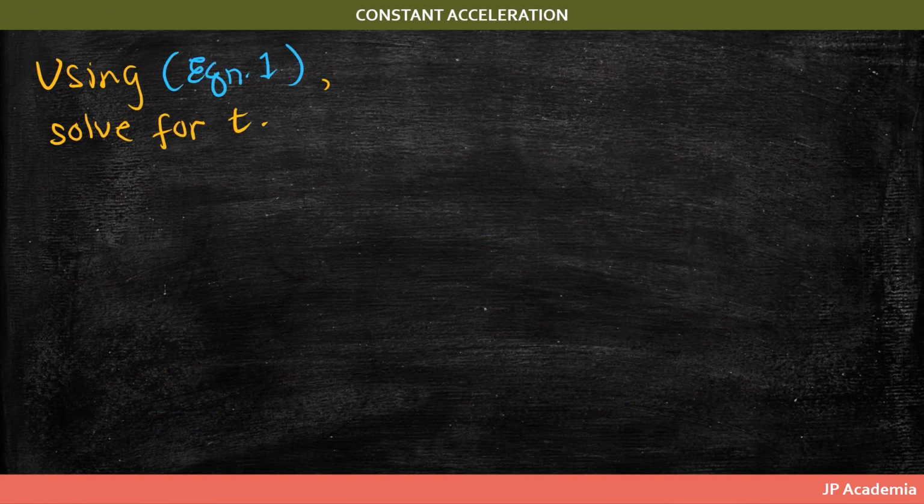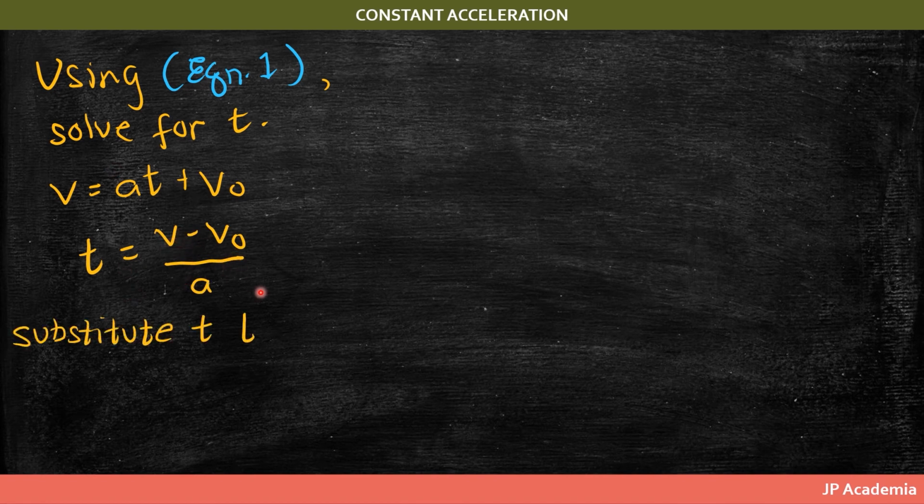We can get a useful expression for velocity related to displacement. Using equation 1 to solve for time t, we have the following. v is equal to at plus v naught, and this is our expression earlier. So t is equal to (v minus v naught) over a. Now we can substitute this into equation 2 that we have shown earlier.